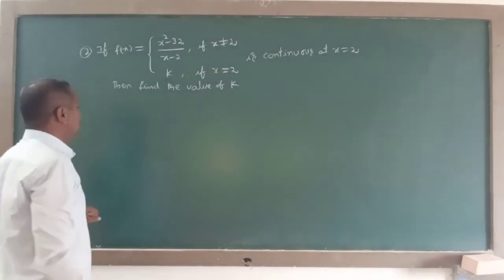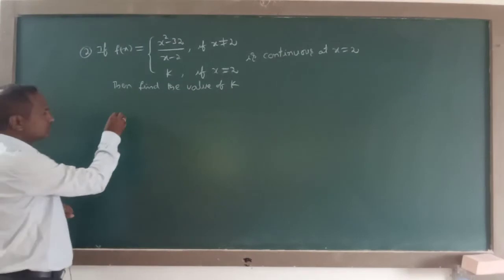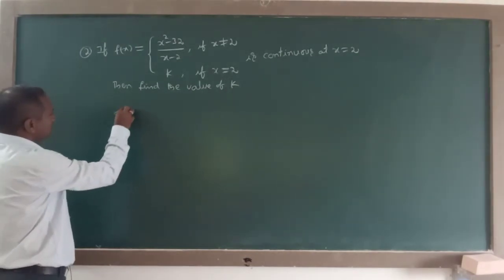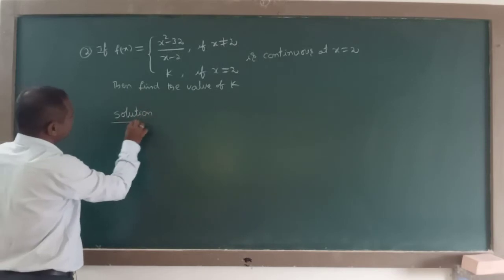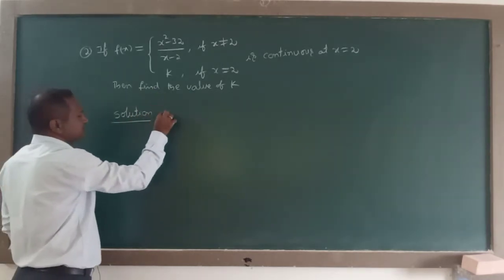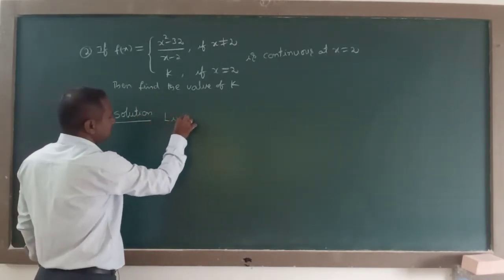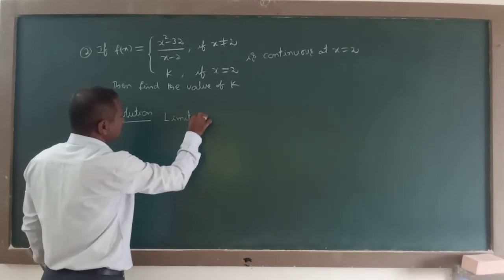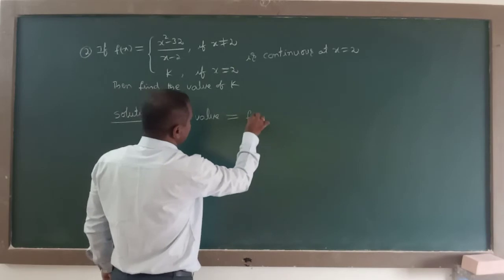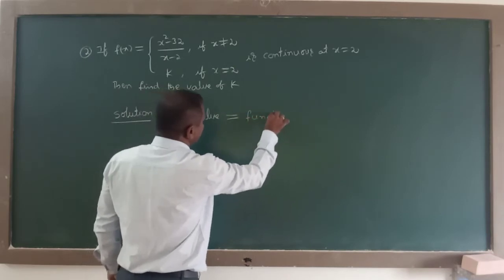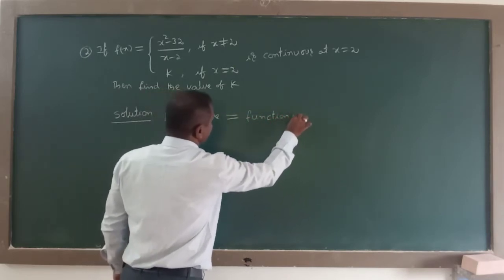So the solution: f of x is continuous means we can directly take limit value is equal to function value.